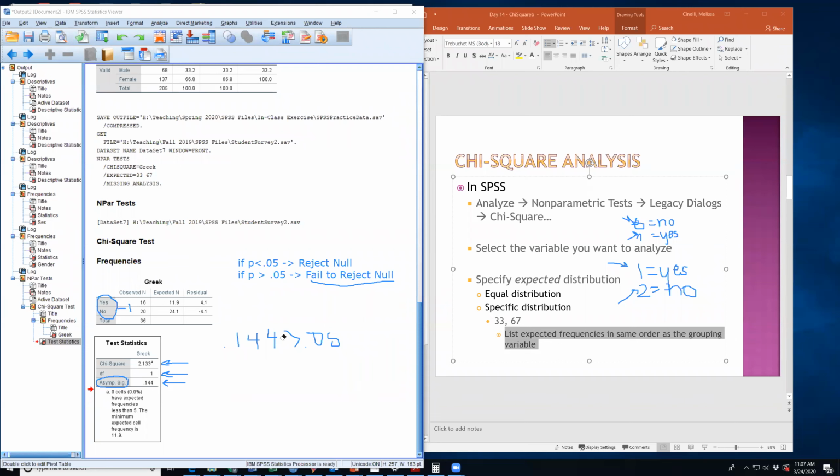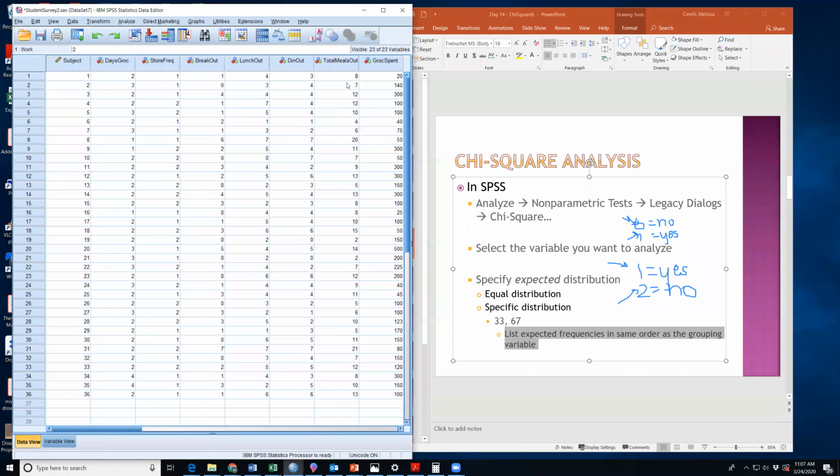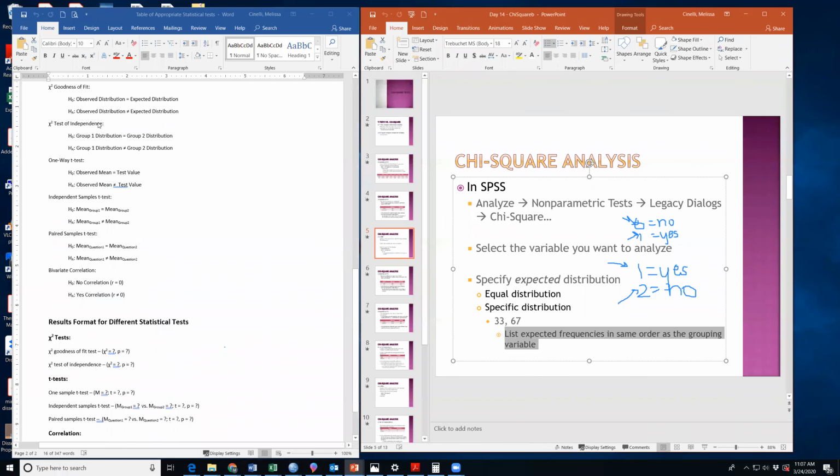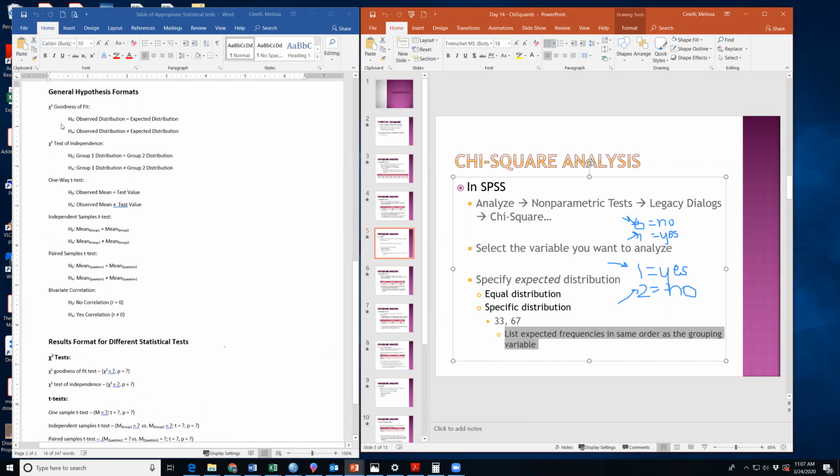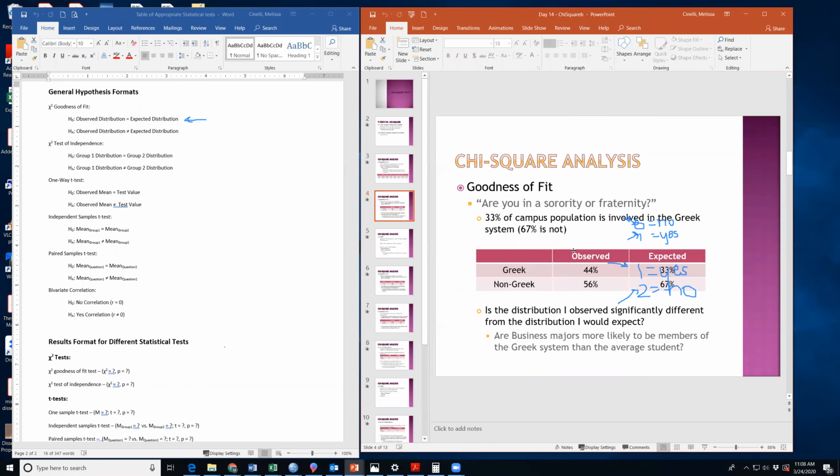If we look at our null hypothesis here, we failed to reject the null, which means we side in favor of the null hypothesis. We have failed to reject it, which means we are not rejecting it. We're keeping it, which means we are going to conclude that what we observed is equal to what we expected. In this case, what that means is that what we observed is information about business students.